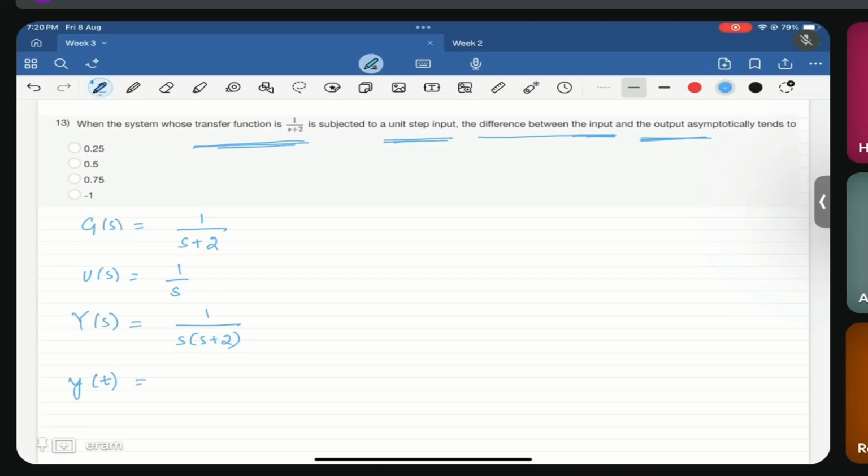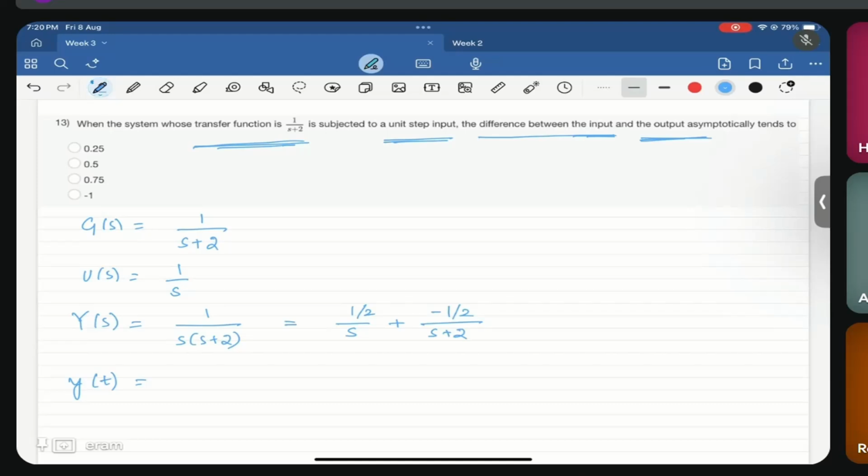It will be something by s plus something by s plus 2, and we can directly fit it as 1 by 2s minus 1 by 2 into s plus 2.